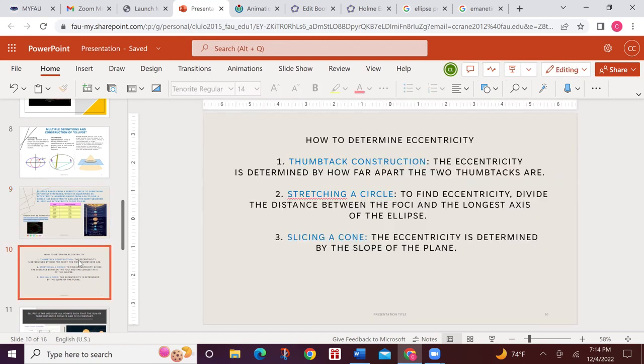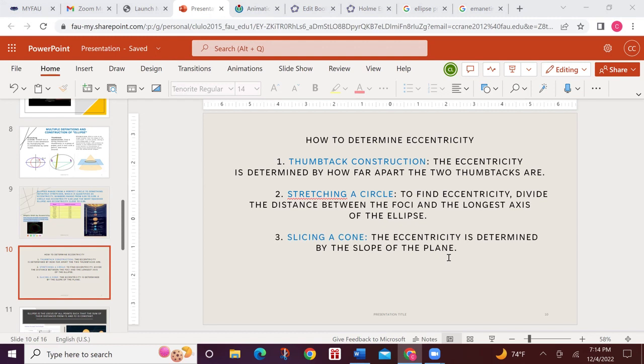Now, how to determine eccentricity? Remember earlier, if we use a thumbtack construction, the eccentricity is determined by how far apart the two thumbtacks are. If we stretch a circle, to find the eccentricity we divide the distance between the foci by the longest axis of the ellipse.